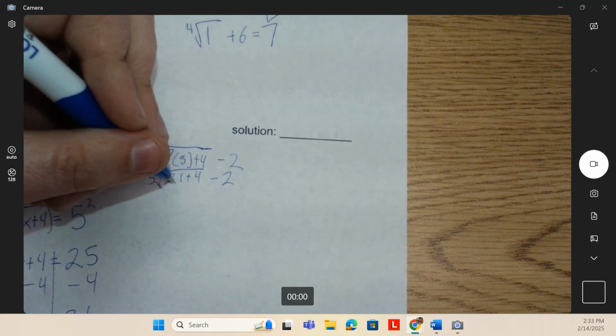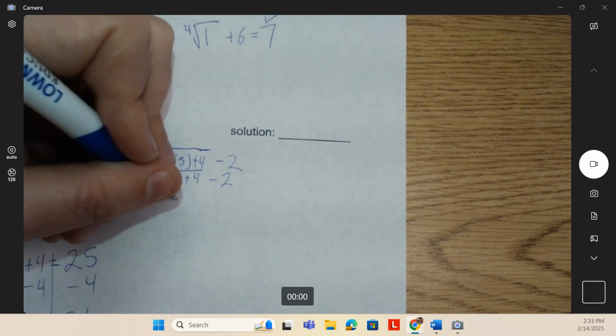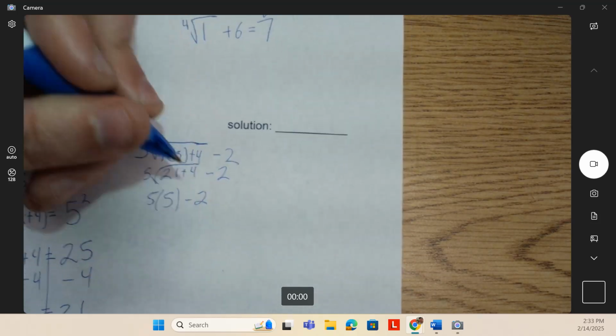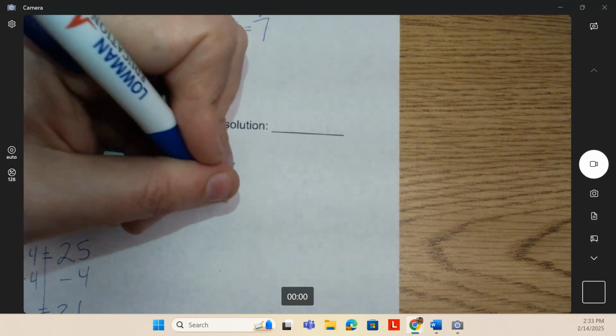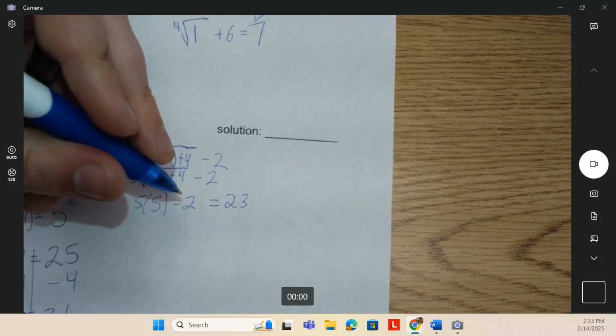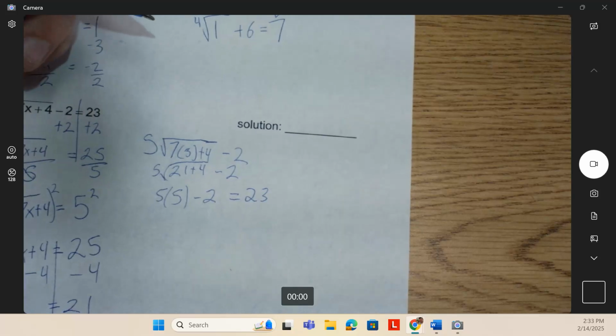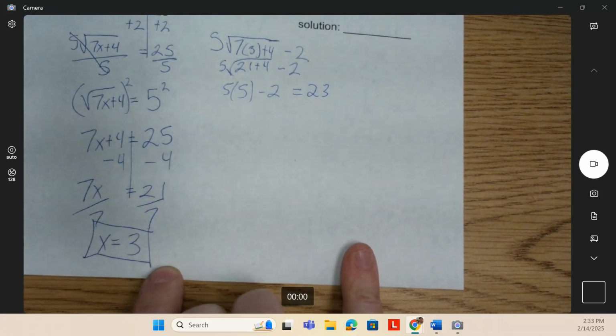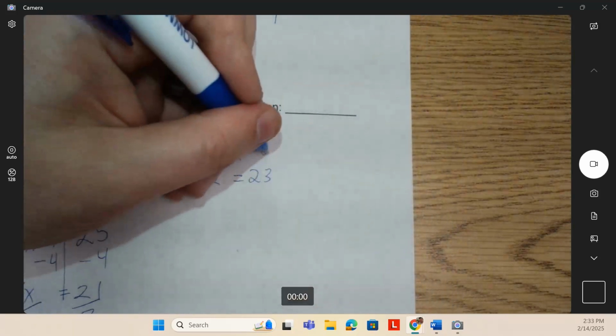So 25, I take the square root of it, it's 5. I get 5 times 5 minus 2, which should equal 23. I know 5 times 5 is 25, minus 2 does give me 23. So I'll go back, find my x equals, box it, and that is my answer because it checks out.